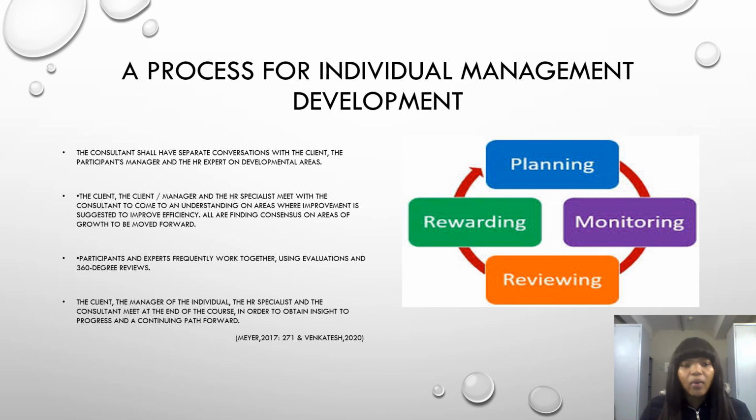The second one is that the client or manager and the HR specialist meet with the consultant to come to an understanding on areas where improvement is suggested, all finding consensus on areas of growth to be moved forward.